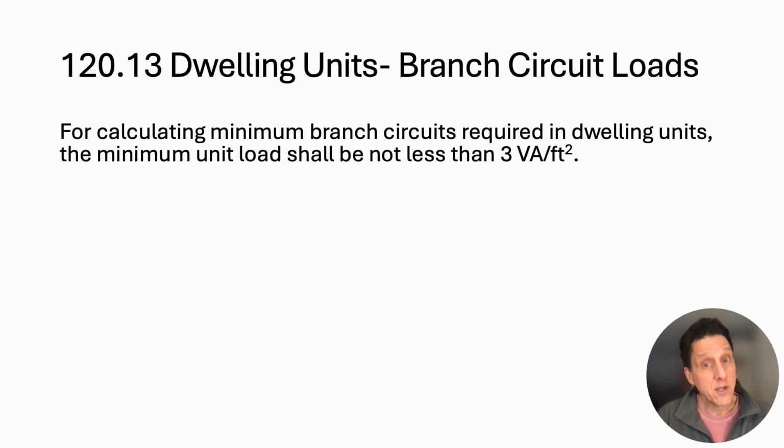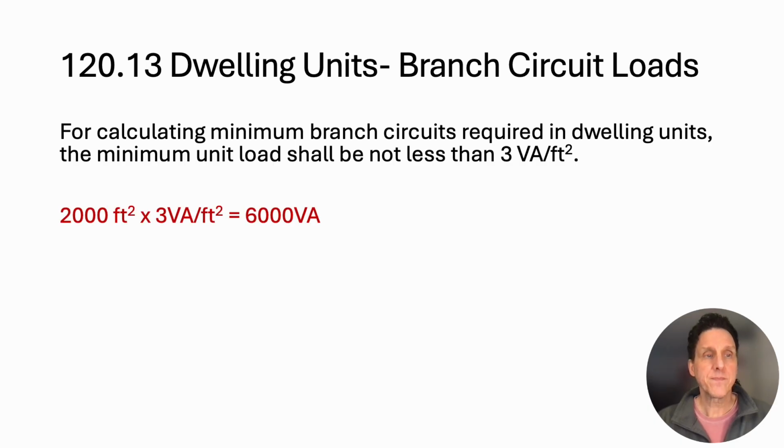Maybe we can install a smaller service or a smaller feeder, but as far as the number of branch circuits, that's not going to change. For calculating the minimum number of branch circuits required in dwelling units, the minimum unit load is still going to be 3 volt amps per square foot. So however many branch circuits you were installing previously, you're still going to use 3 volt amps per square foot to calculate how many branch circuits you need.